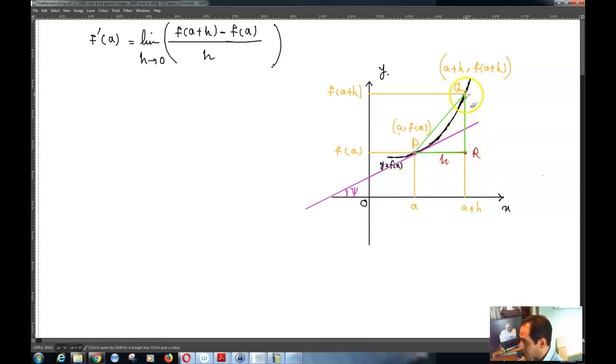The ratio whose limit we are taking is precisely equal to tan of QPR.